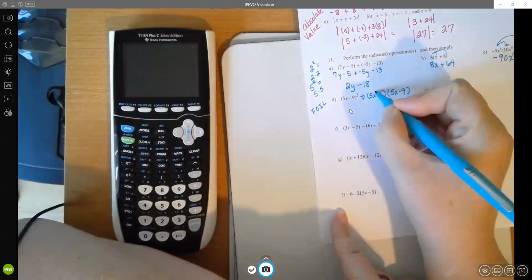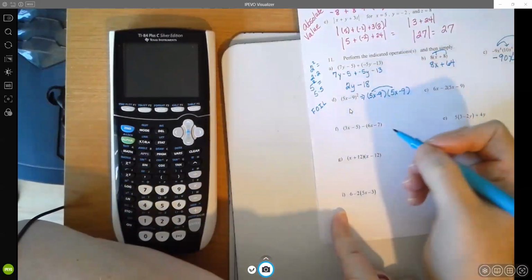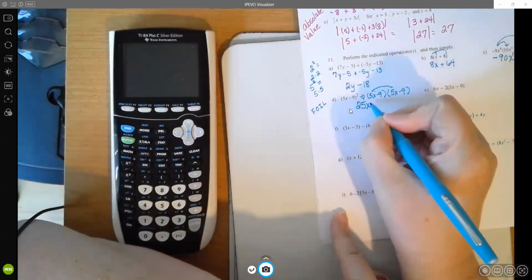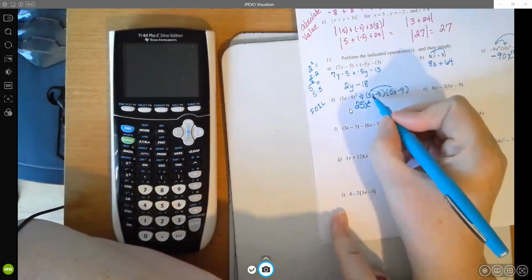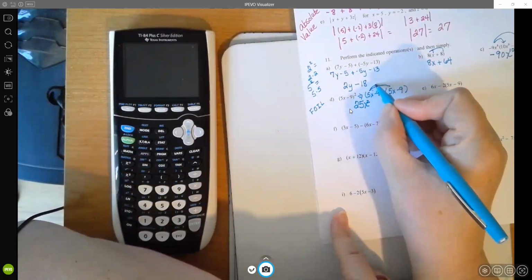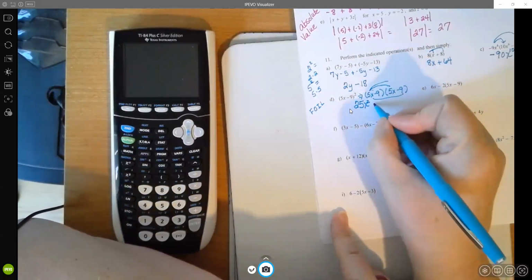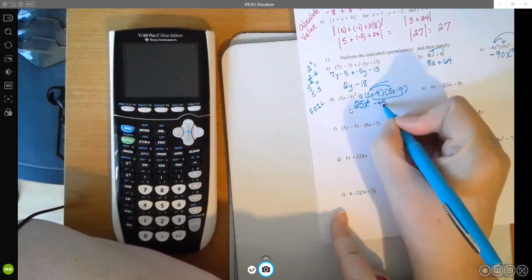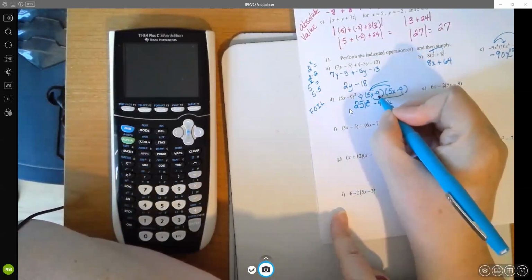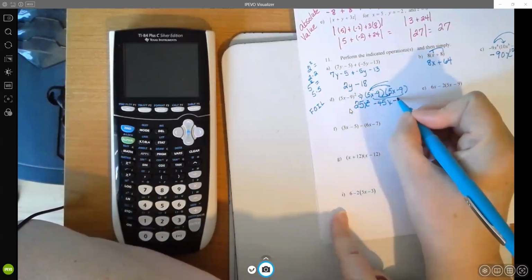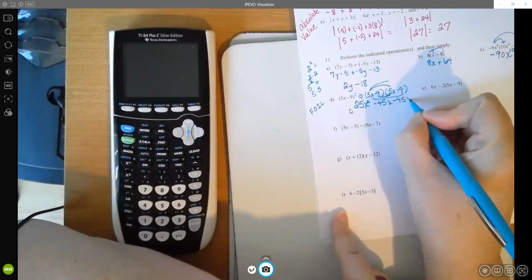So that's 5x times 5x, which would be 25x squared, 5x times -9, which would be -45x. Then I'm going to do these inside, that -9 times 5x, which would also be a -45x.